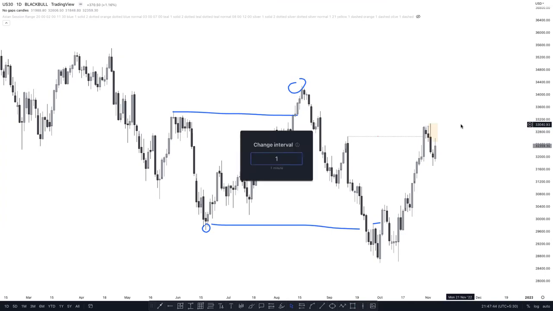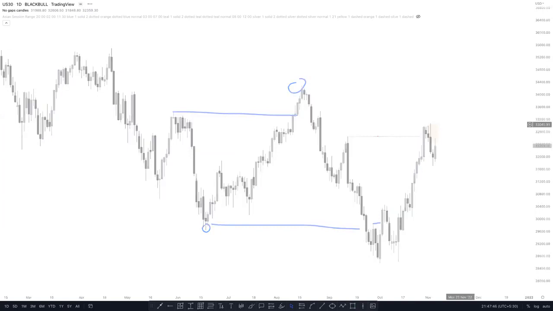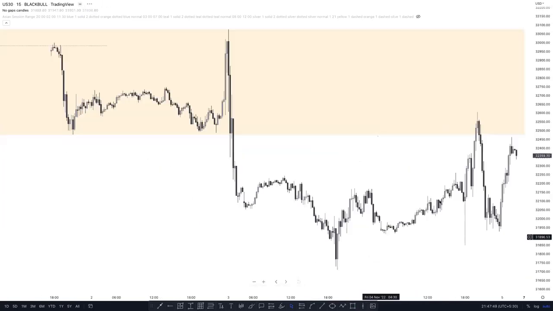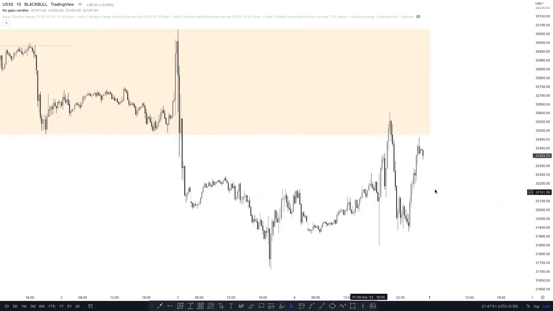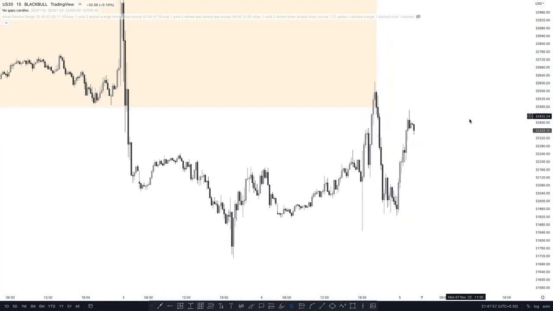So if I switch here into 15, then you will see a clearer picture. As per the 15-minute structure, price already mitigated the higher time frame, like daily time frame zone is here, and you have to wait for lower time frame confirmation for sell. This low is broken here and pushed downside.